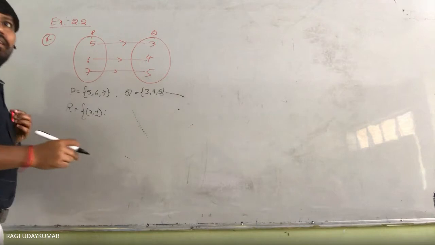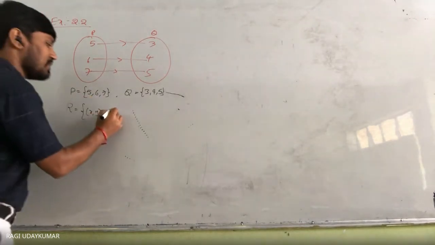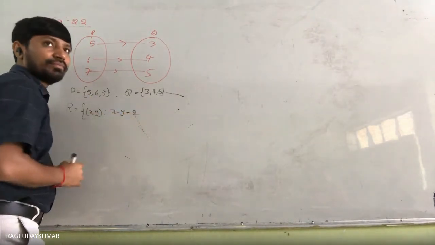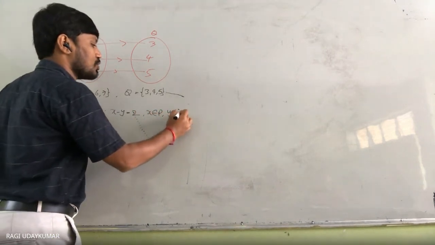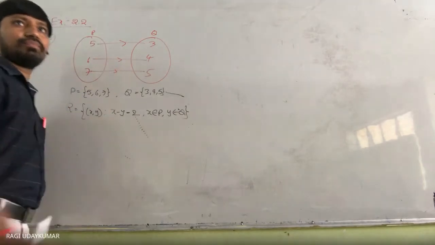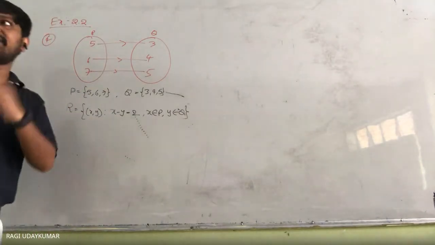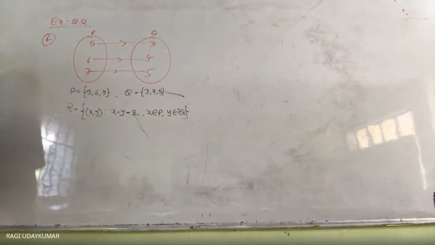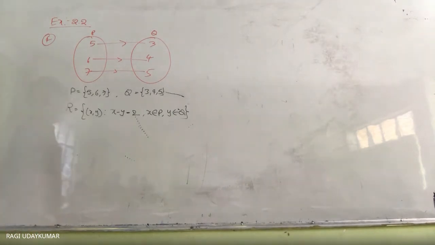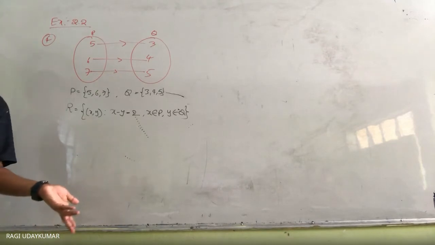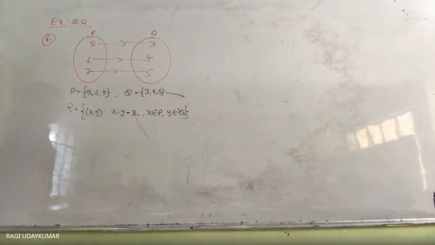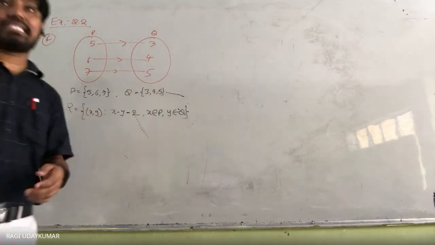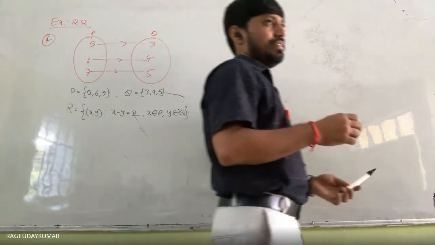Or is there any other way? x minus y is equal to 2, where x belongs to P and y belongs to Q. Do you have any other idea? Another way: x is equal to y plus 2, both are the same. The difference between x and y is 2.